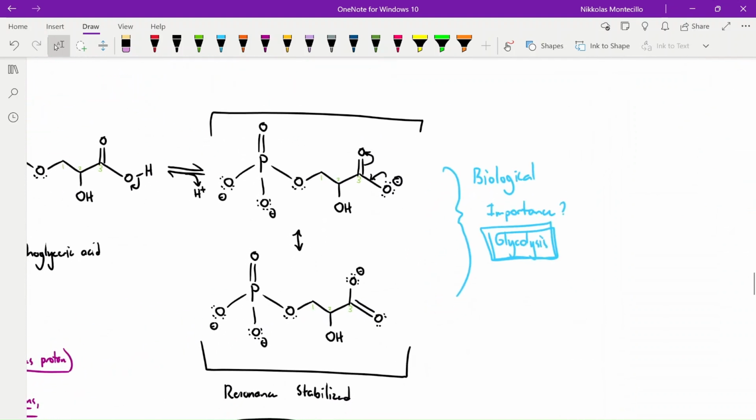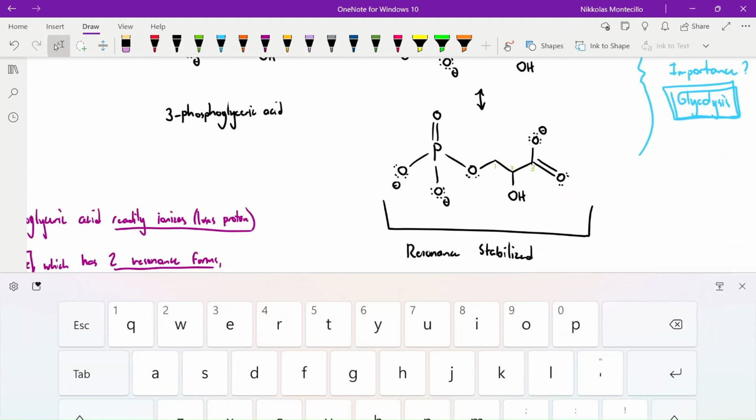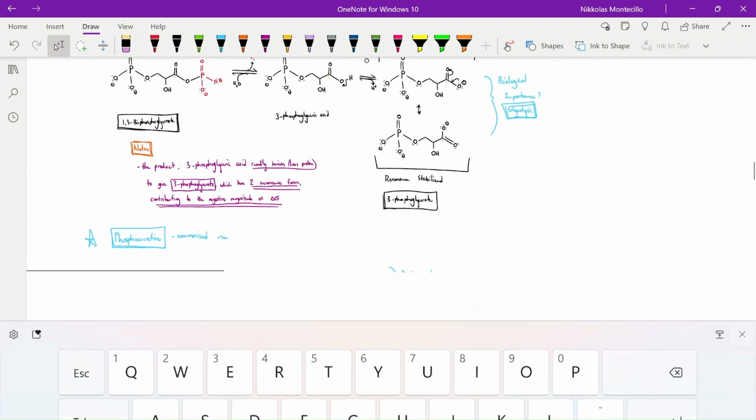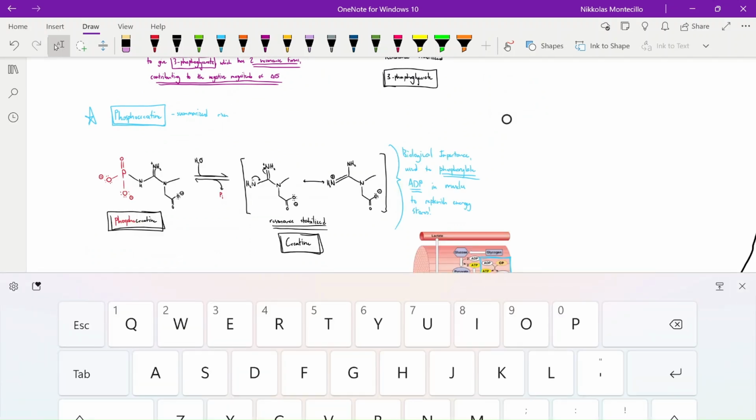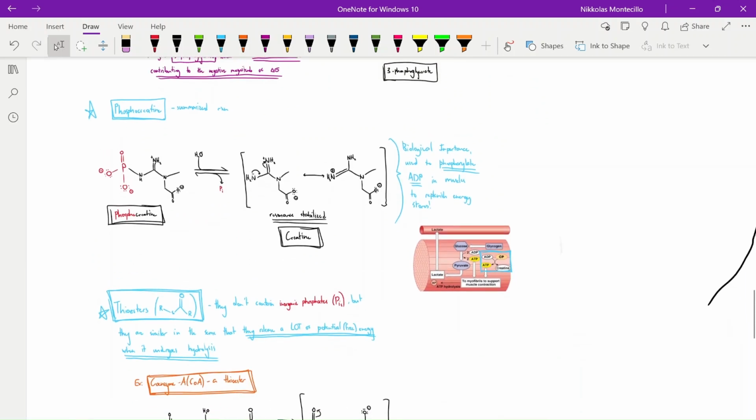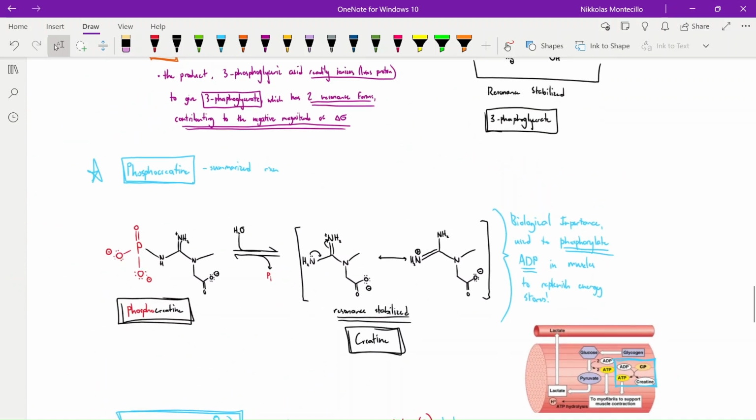So 3-phosphoglycerate is resonance stabilized. The last molecule that shares a similar pattern is phosphocreatine. So phosphocreatine is also hydrolyzed to form the leaving group, which is the inorganic phosphate, and then we get creatine, which is also resonance stabilized, right?